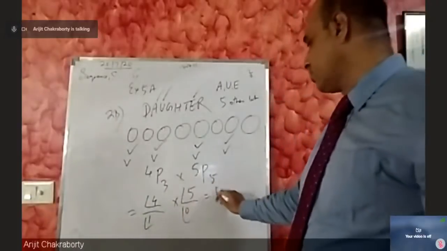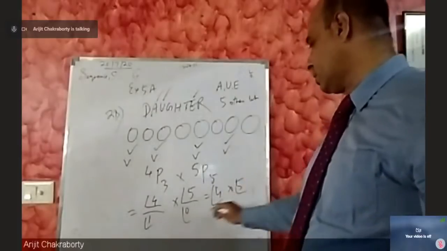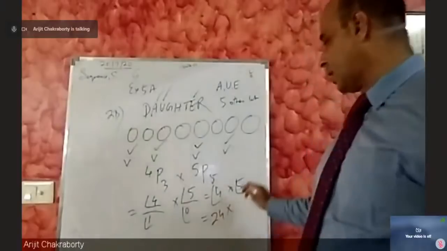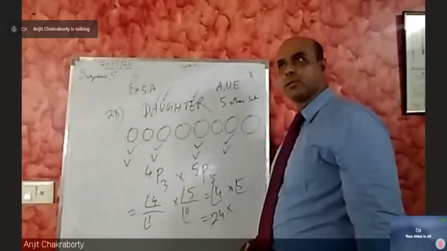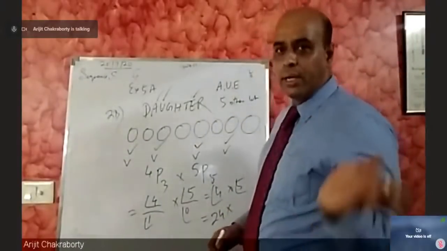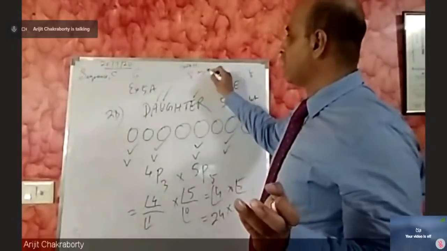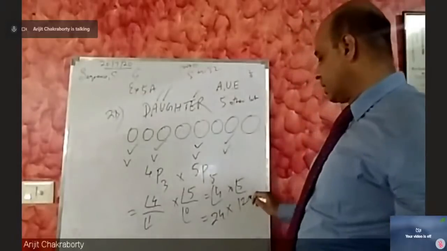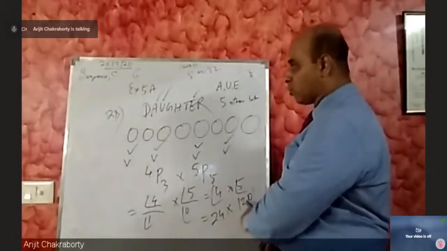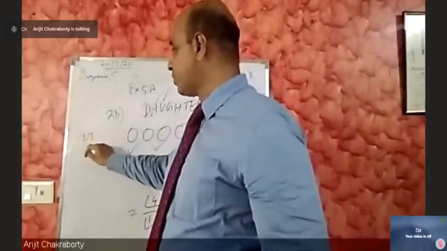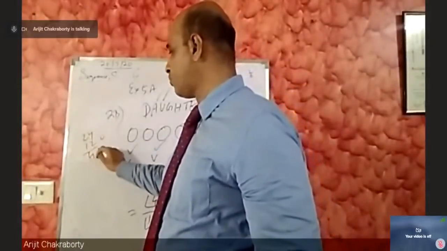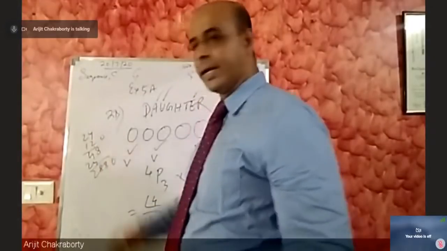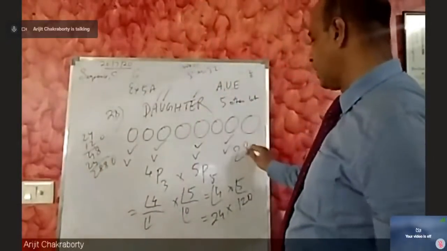So you basically have 4 factorial into 5 factorial. 4 factorial is 4 3s are 12, into 2 is 24. 5 factorial is 5 into 4 into 3 into 2: 5 4s are 20, 3s are 60, 2s are 120. So it is 24 into 120. 24 2s are 48, 24 1s are 24, 288, and this 0, 2880. So the answer is 2880.